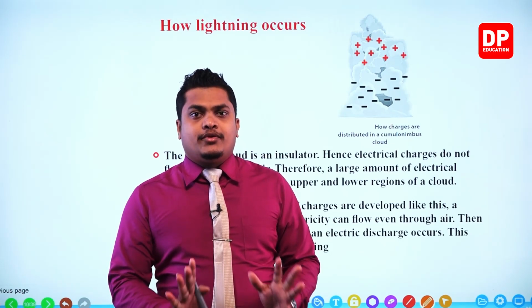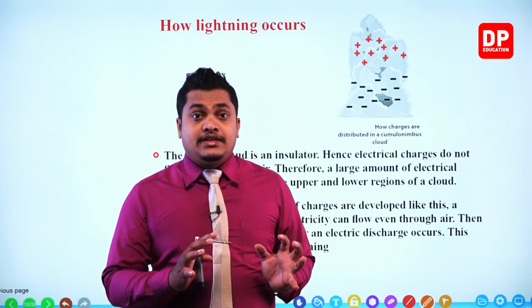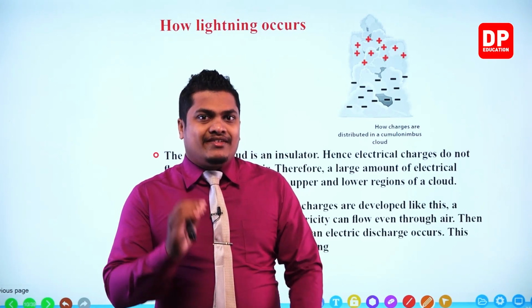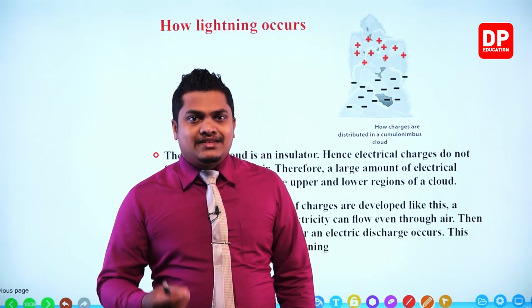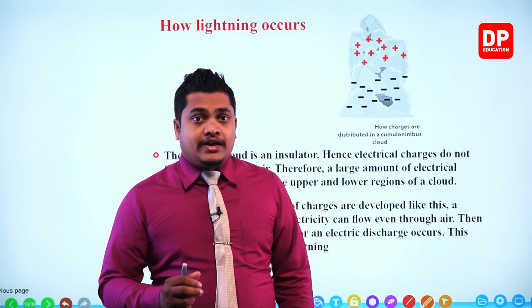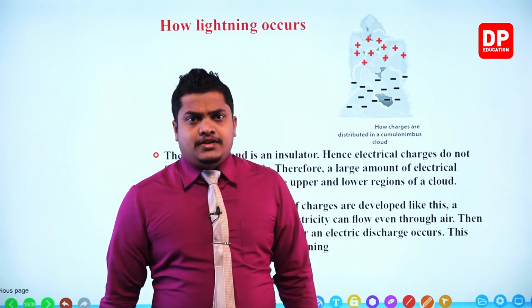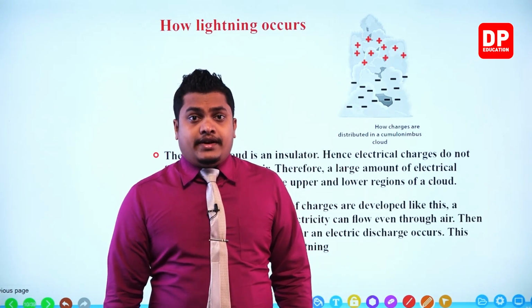So I hope that you got the idea of lightning and how lightning happens, my dear children. That's why I told you in the beginning of our lesson that a lightning strike carries a large amount of energy. Now, as you can see here within the figure, you can understand that, right?